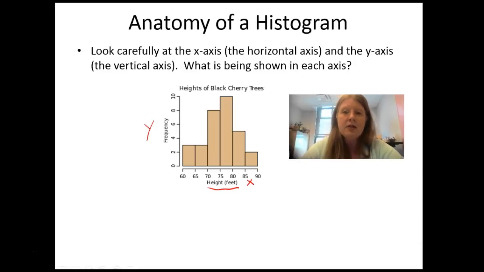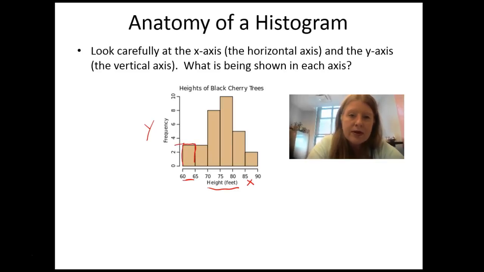So we want to be able to look at our x-axis and know, okay, how many trees are between 60 and 65 feet? Well, the height of this bar will tell us the frequency.